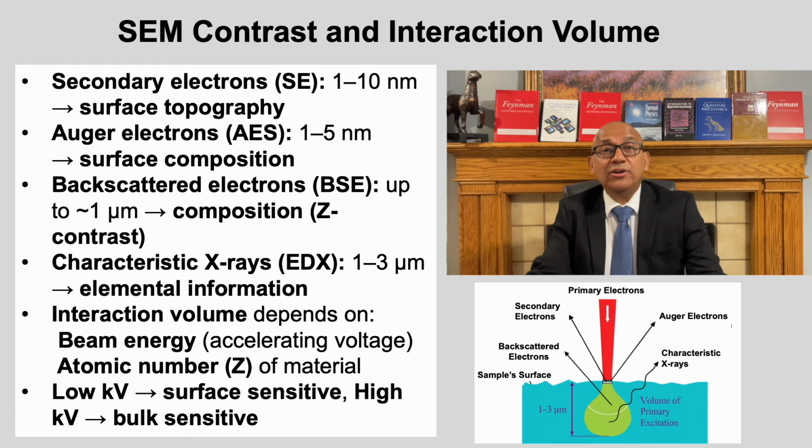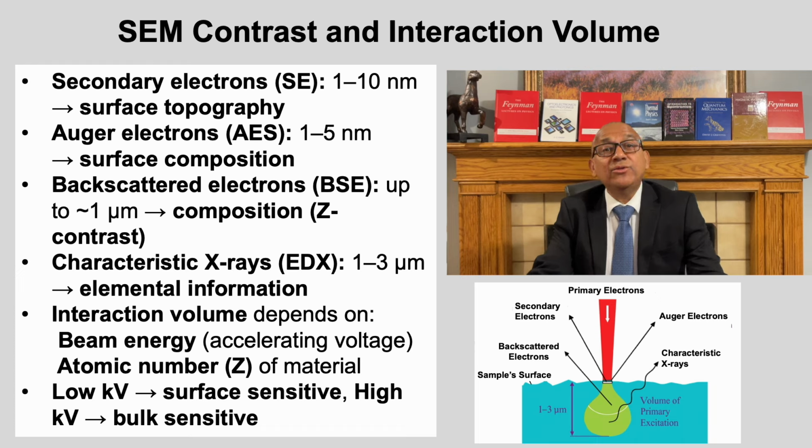Secondary electrons originate within the top few nanometers and escape easily, revealing fine topographic details, edges, steps, and roughness. Backscattered electrons arise from deeper scattering events. Their intensity scales with atomic number, producing compositional or Z contrast where heavier elements appear brighter.